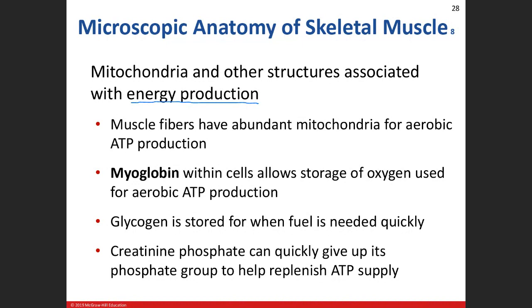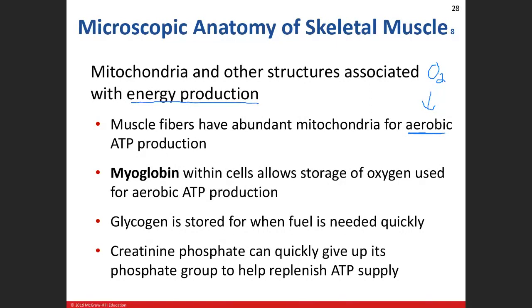So when you're thinking of the mitochondria in energy production, you have to think of aerobic cellular respiration. Aerobic means with oxygen. We need oxygen for this to happen. Without oxygen, the cell creates energy through anaerobic cellular respiration.